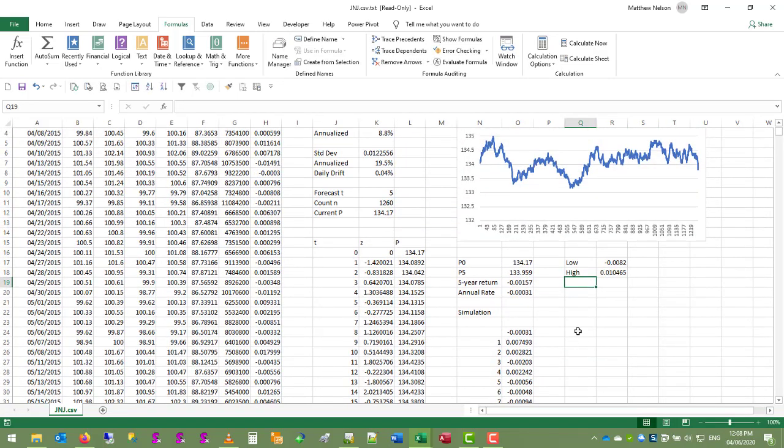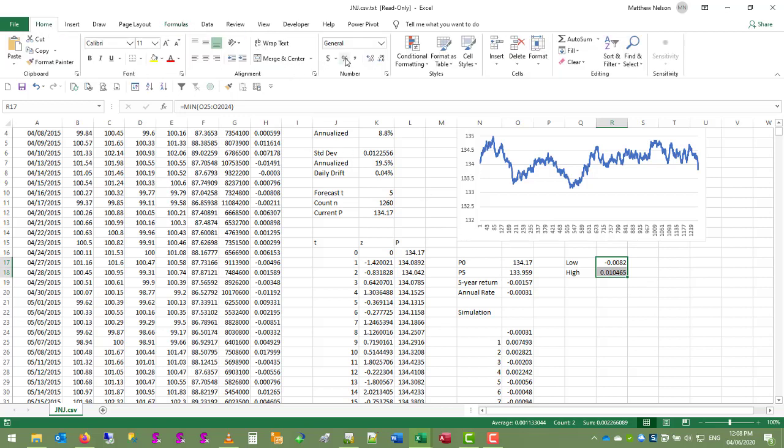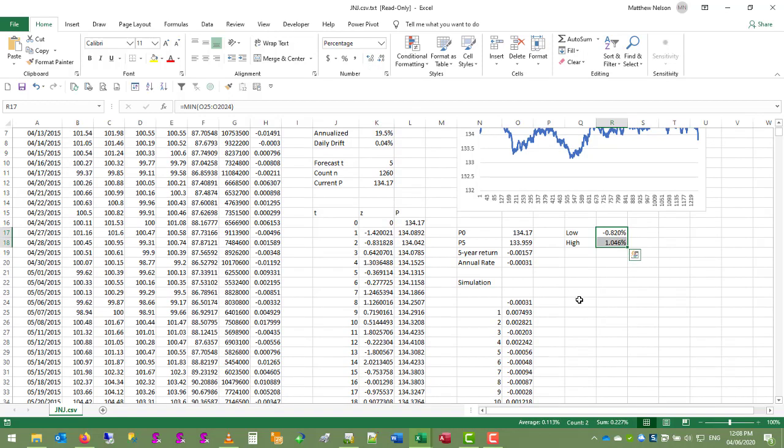So it looks like our simulation is projecting between minus 0.1, let's change this to percent, or minus 1% to positive 1%.